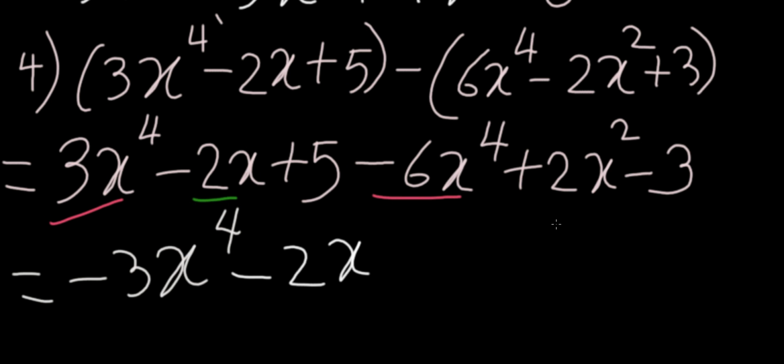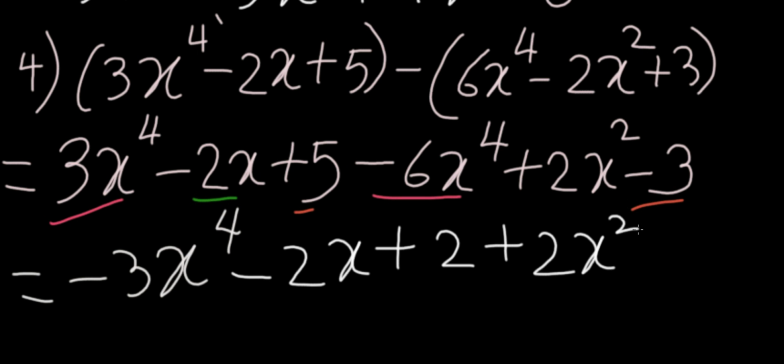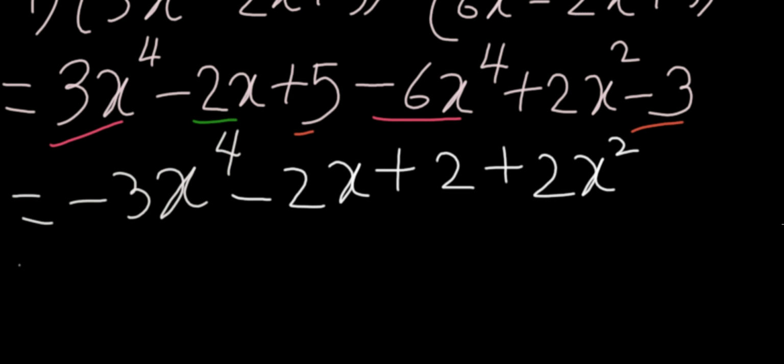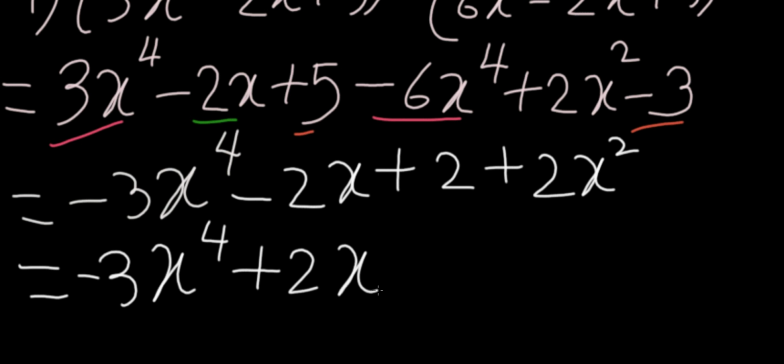Then we have positive 5 and negative 3, which is positive 2. And we are left with 2x squared. Now we are going to write it in the correct form, which is in descending order: negative 3x to the power 4. We are going to bring 2x squared here, negative 2x plus 2.